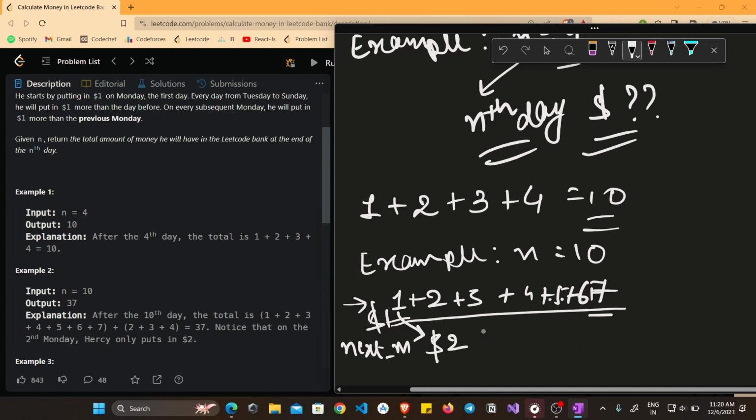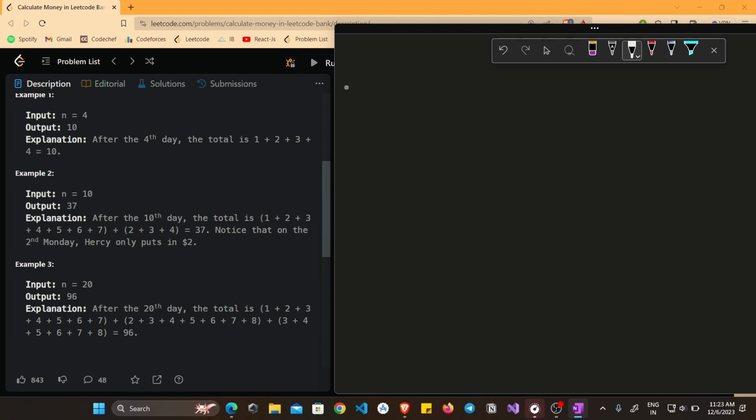Similarly on the second day of the next week he will deposit $3, and on the third day of the next week he will deposit $4. So if we add all of this, 1 plus 2 plus 7 and then 2 plus 3 plus 4, we get the answer as 37. I hope the examples are clear. Now let us move on to the logic part.